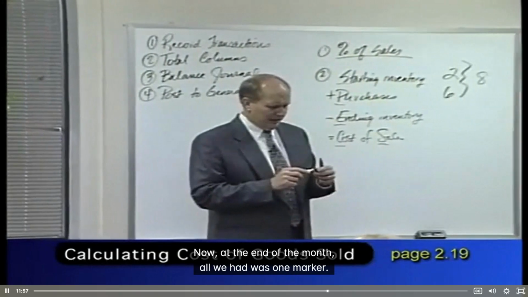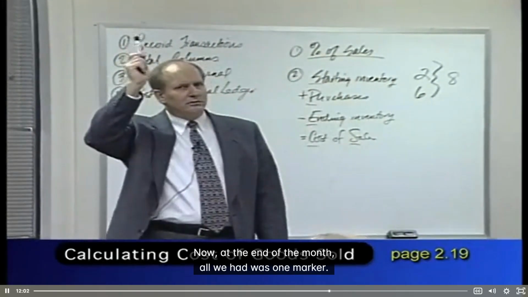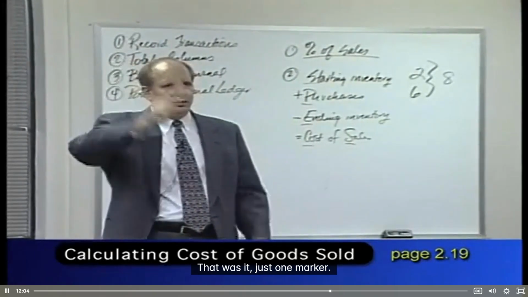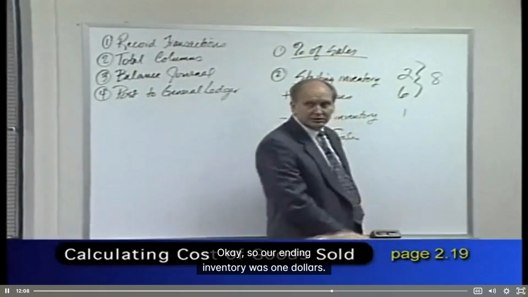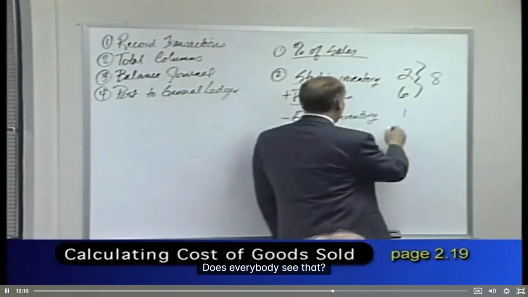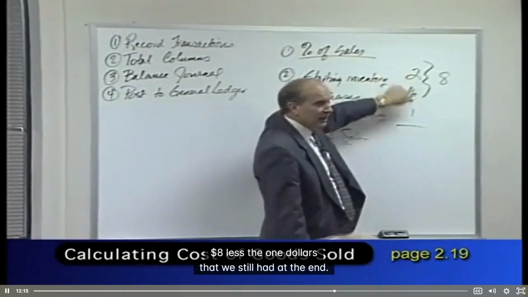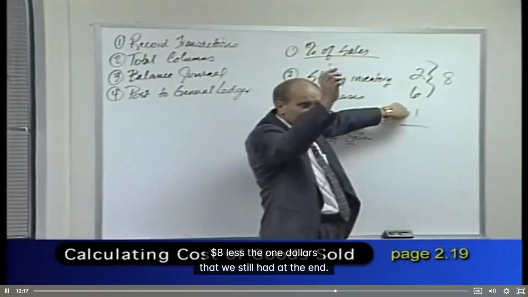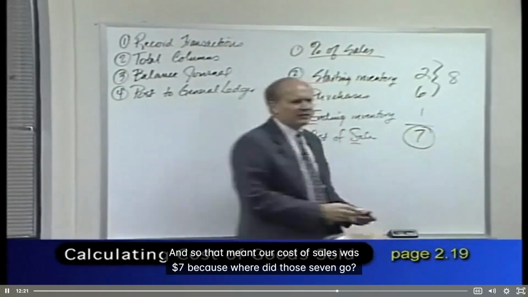Now, at the end of the month, all we had was 1 marker. That was it. Just 1 marker, okay? So our ending inventory was $1. Does everybody see that? So our cost of sales was 2 plus 6, or $8, less the $1 that we still had at the end, and so that meant our cost of sales was $7.